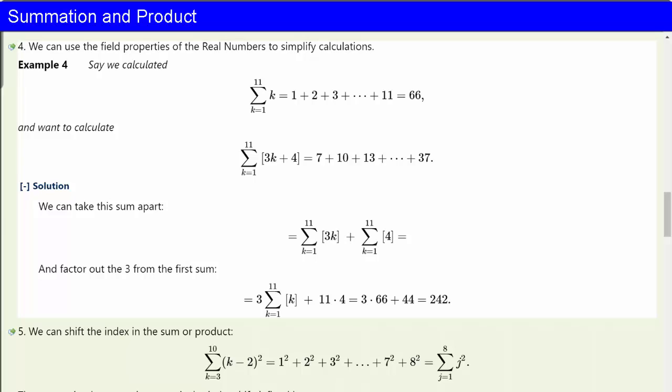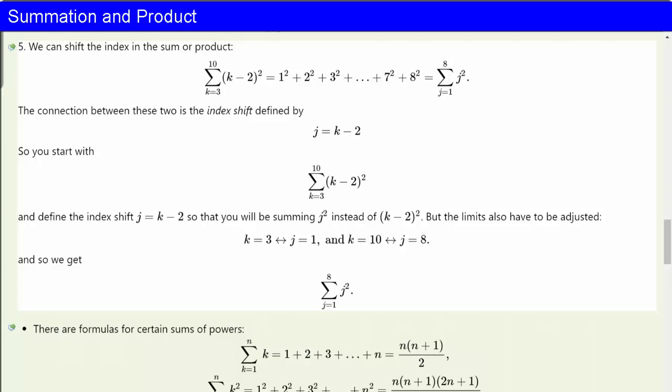So we get 3 times the sum from k equal 1 to 11 of k, plus the sum from k equal 1 to 11 of 4, which is just 4 times 11. We already know the sum from k equal 1 to 11 of k is 66, so this ends up becoming 3 times 66 plus 44 equals 242. Much quicker than adding up the original numbers.